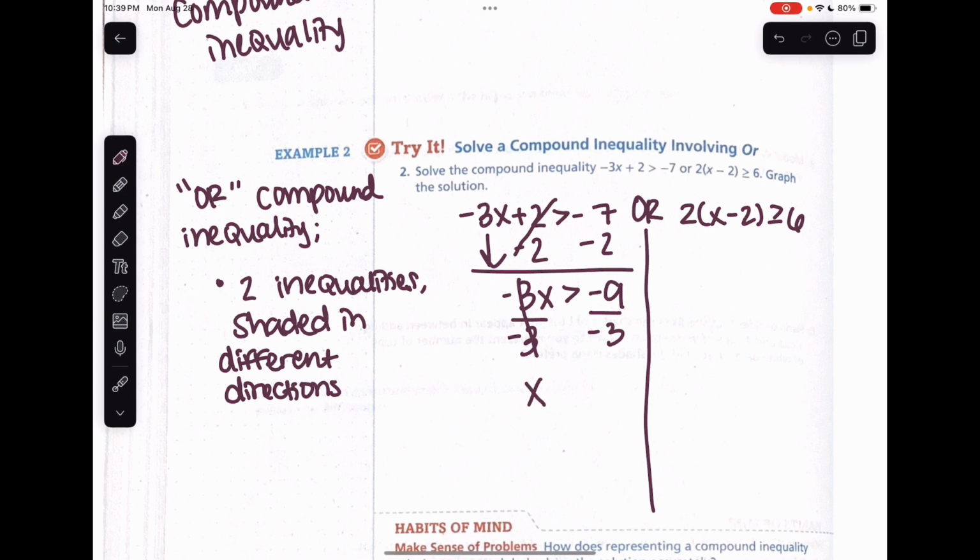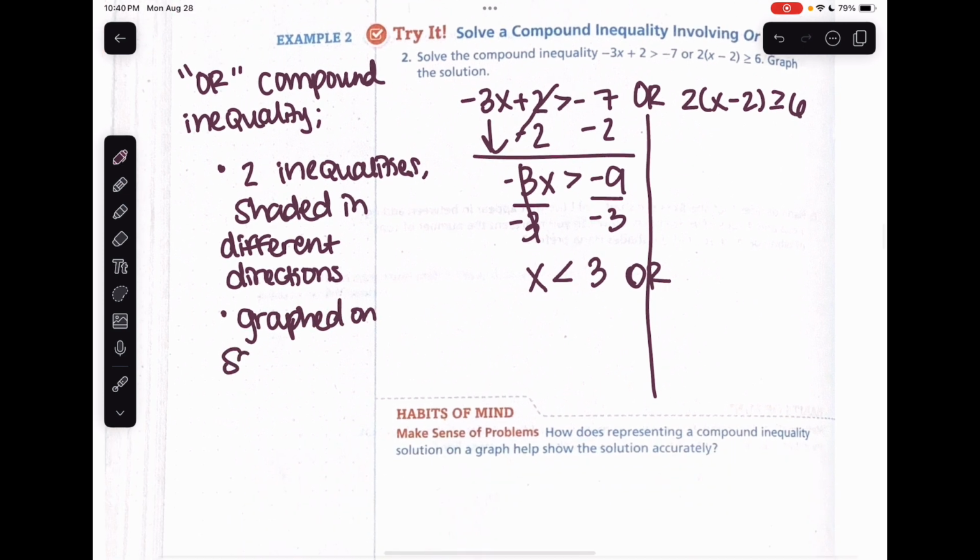So x is now going to be less than +3. And don't forget I have my or statement, so when I graph, I'll have two inequalities graphed on the same line.